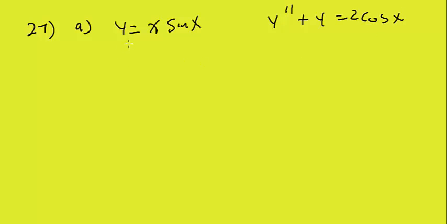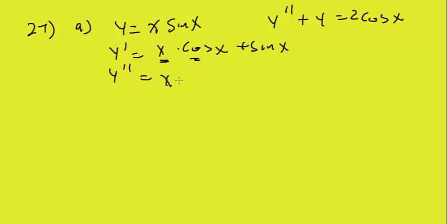So let's take the first derivative. First times derivative of second, plus second times derivative of the first. Let's take a second derivative. Product rule right there. First times derivative of second, plus second times derivative of the first, and then the derivative of that, which is cosine x.